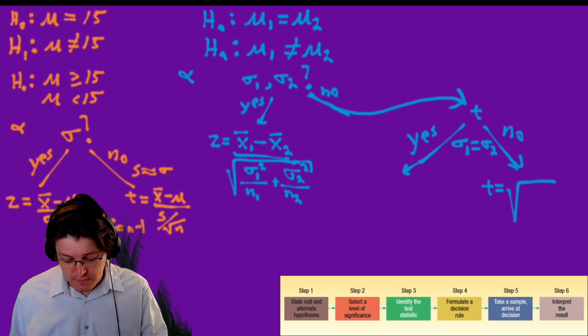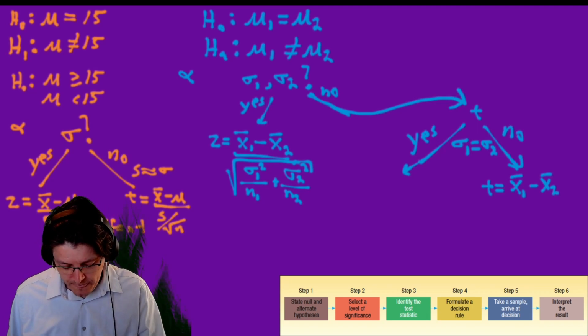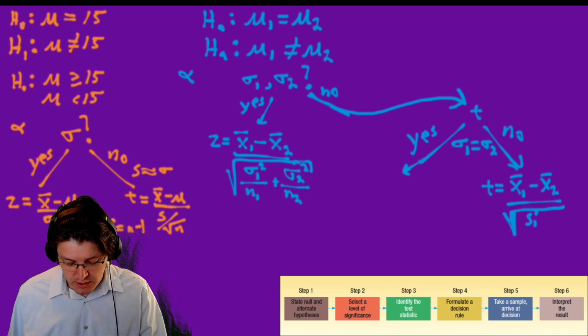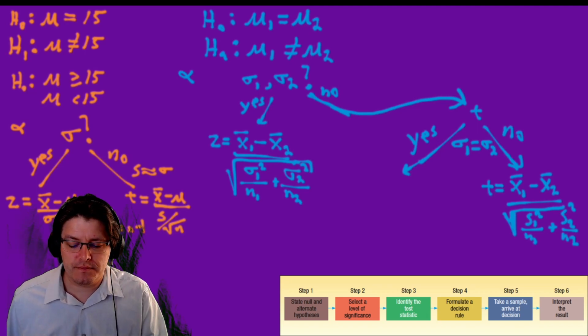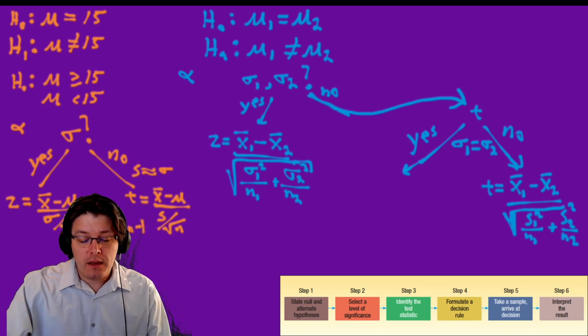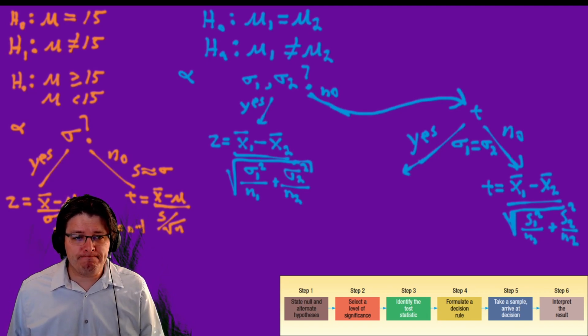So this becomes x bar 1 minus x bar 2, the distance between those two. And we're going to say s1 squared over n1 plus s2 squared over n2. Very straightforward. We're doing the exact same thing as we did in chapter 10.